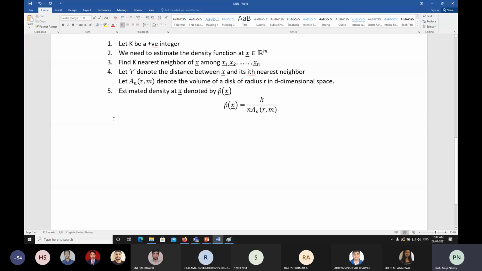So now the estimated density that we are going to have will be with some conditions on K. So what are the conditions on K that need to be satisfied to compute this estimated density? First condition.